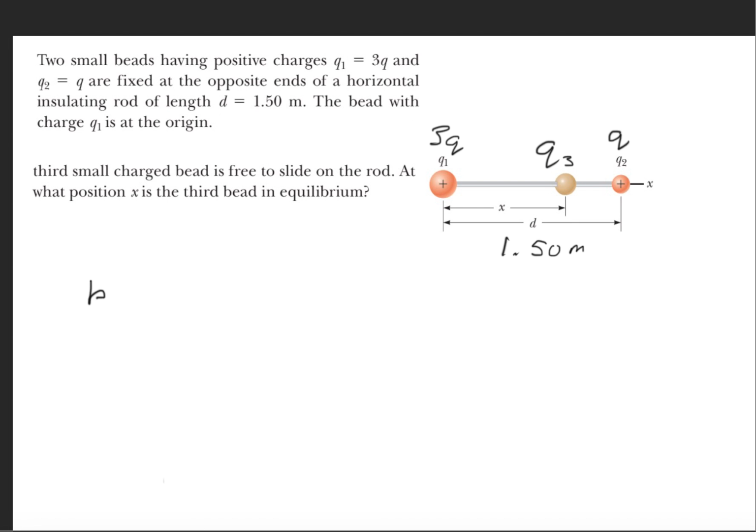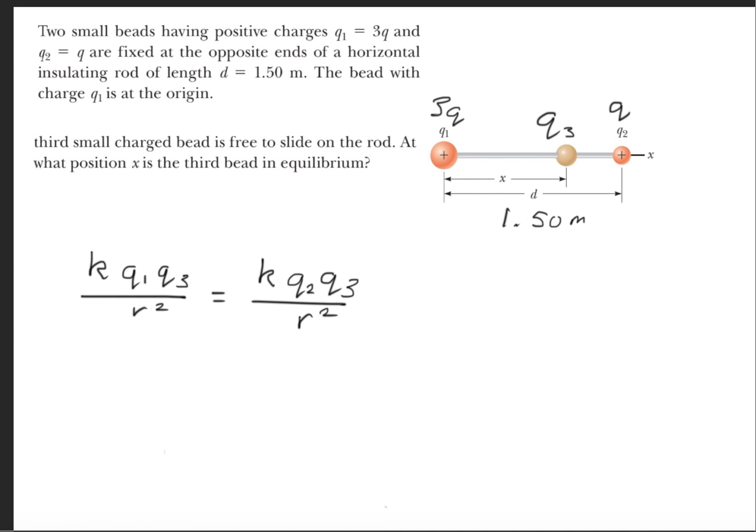So we'll do K, Q1, Q3, and we'll take that distance and square it, and we'll set it equal to K, Q2, and Q3. Once again, we'll find that distance there.